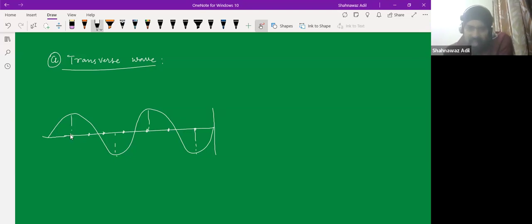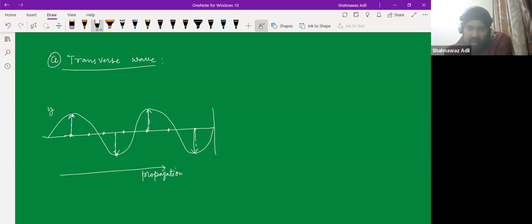So we can say that the particles are moving in y direction, right? And this wave is traveling in this direction. So the propagation is along this direction, right? But the particles are moving in y direction.